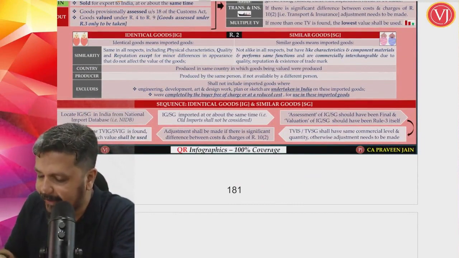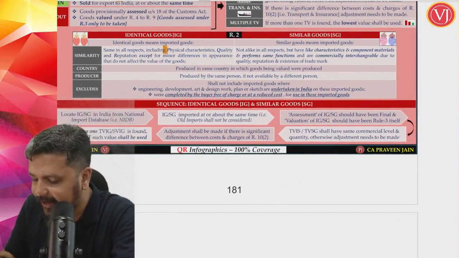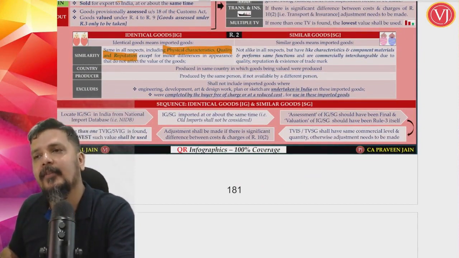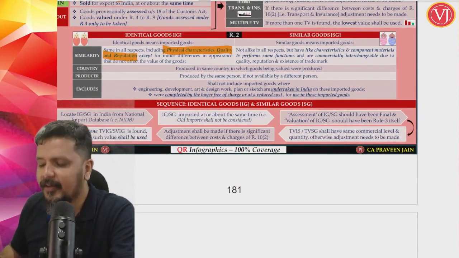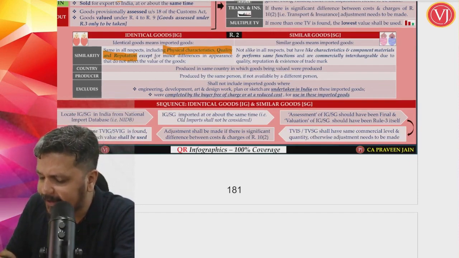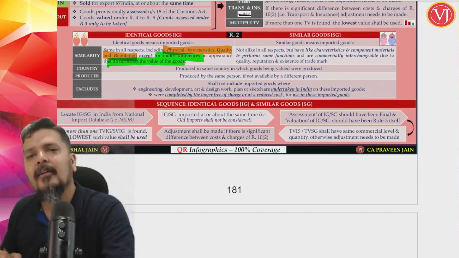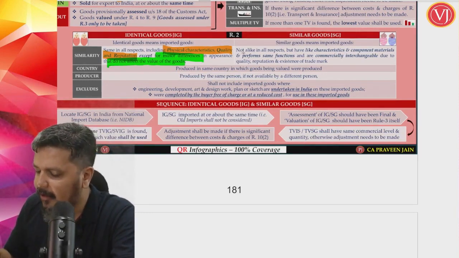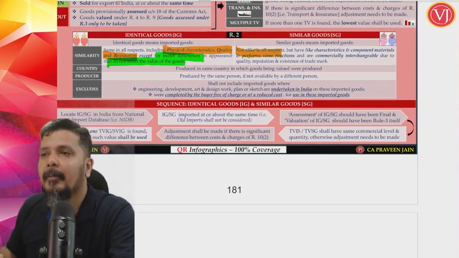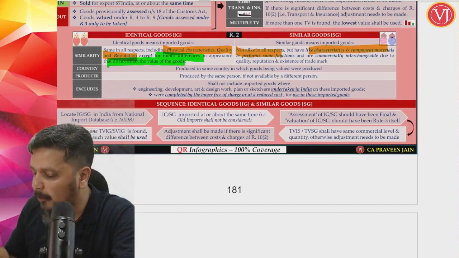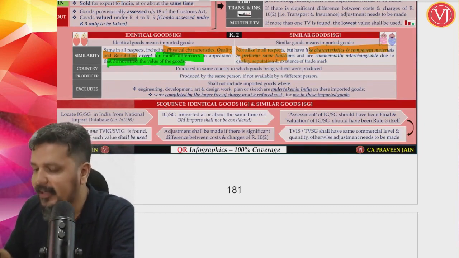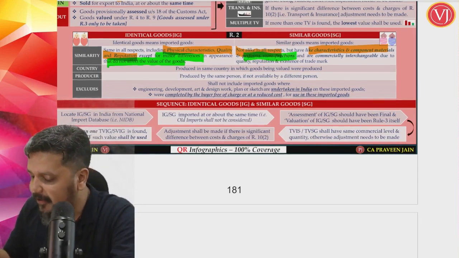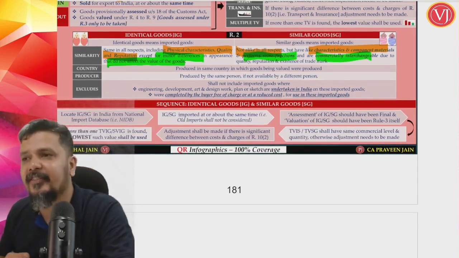Identical goods are exactly the same in all aspects, including physical characteristics, quality and reputation. They might have minor differences, but that will not affect the value. Similar goods means they are not same in all aspects, but have like characteristics and component materials, which makes them perform same functions, and they are commercially interchangeable.